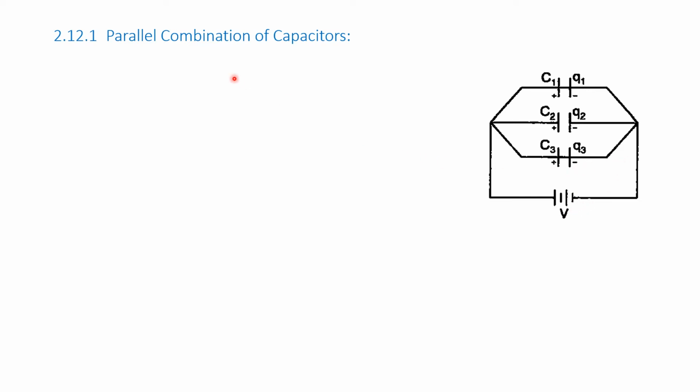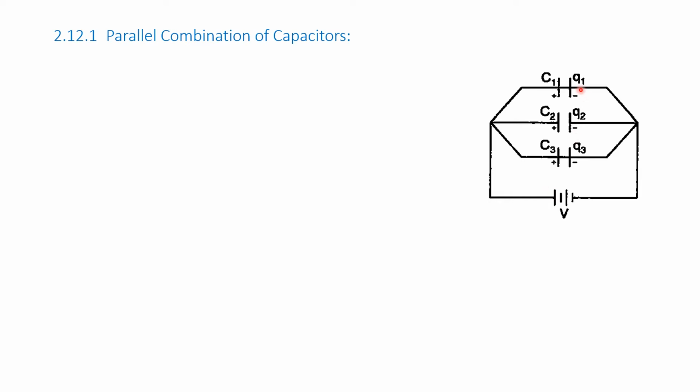When we say parallel combination, it means one end of all three capacitors is combined. The plus side of C1, the plus side of C2 and the plus side of C3 are combined and connected to the positive of the battery.